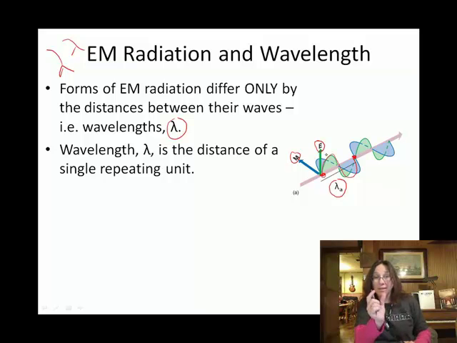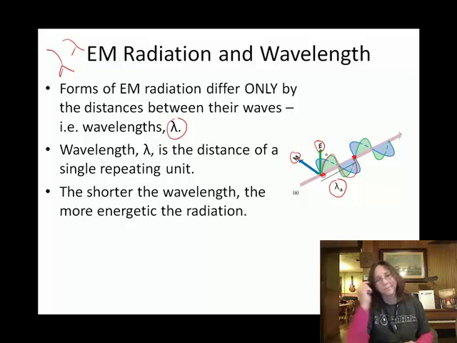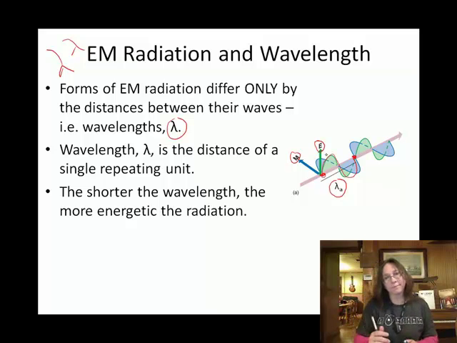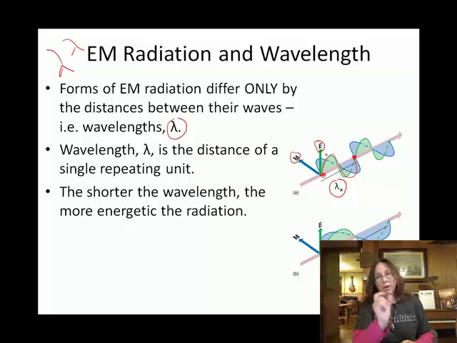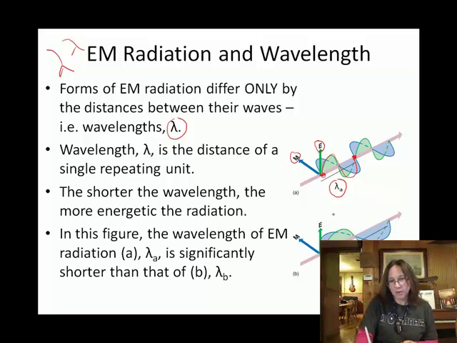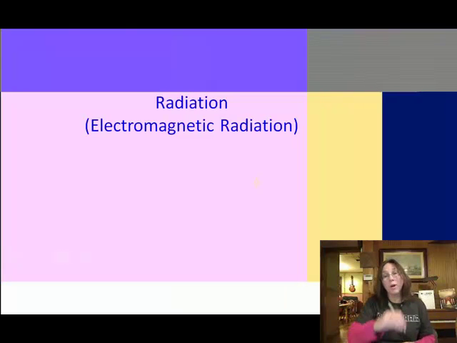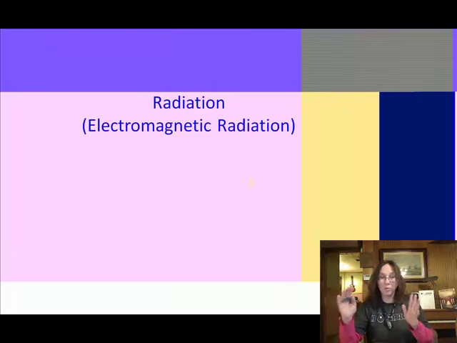Each member of the family has a different wavelength. And in general, the shorter that wavelength, the more energetic, and I guess you would say dangerous to life, that particular form of energy. The shorter, the more energetic. So here again, I'm emphasizing pulling out one repeating unit. That would be the wavelength.